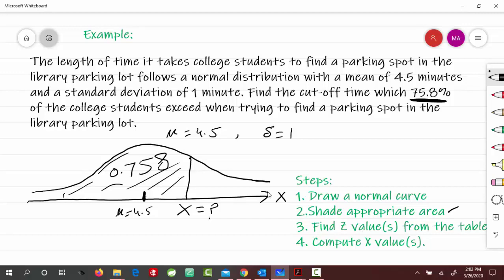The next thing we have to do is find the z value corresponding to this x from the table. The area on the left is this one, so what would be the corresponding z value?